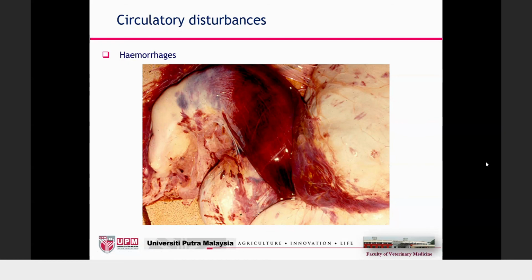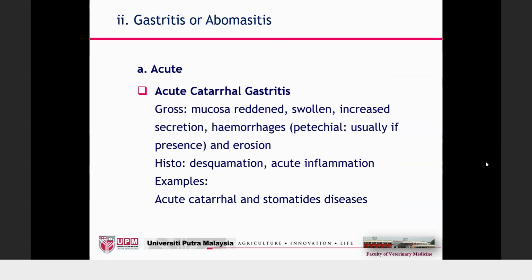Then we have acute catarrhal gastritis. Normally it involves acute catarrhal mucus, but sometimes it might extend further into hemorrhage and erosion. And very important, acute catarrhal gastritis is due to diseases related to catarrhal and stomatitis diseases.